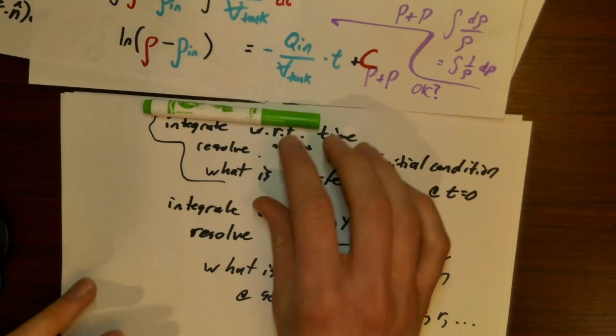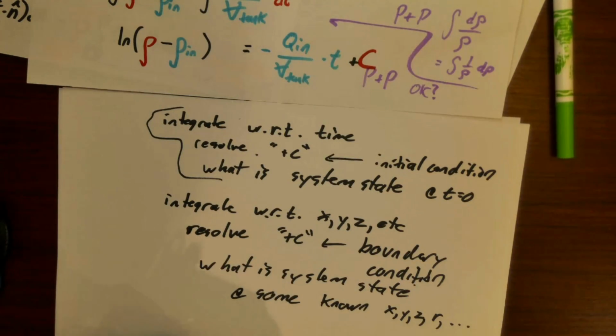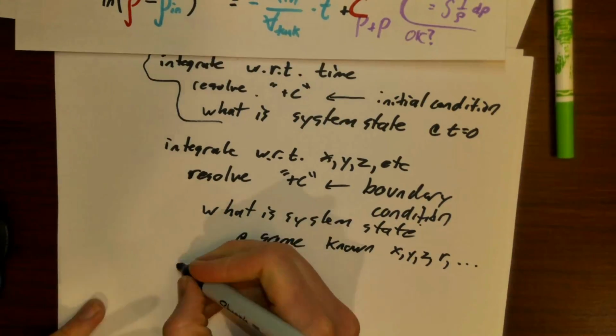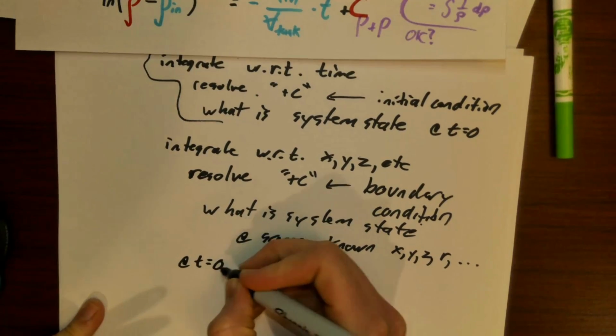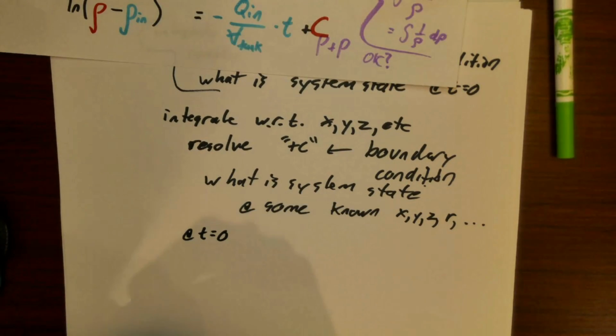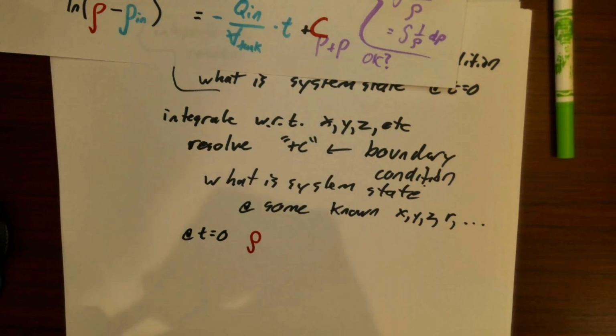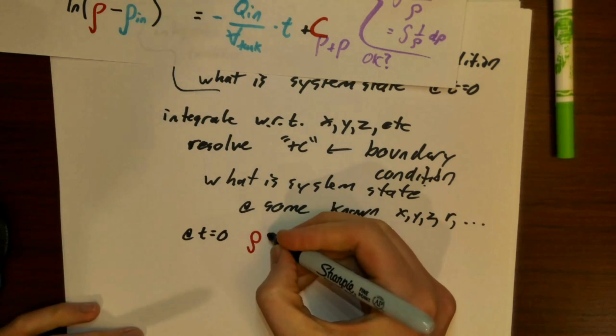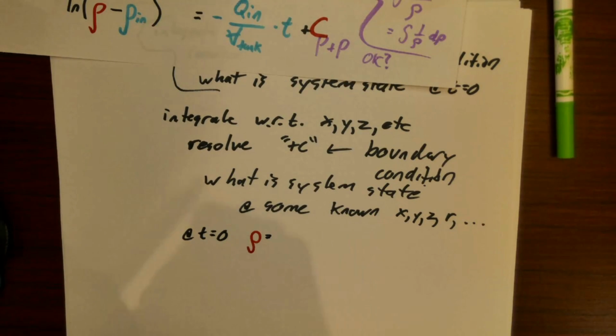So what is this initial condition? In this case, at time equal to 0, rho is equal to rho naught, this known density rho naught.